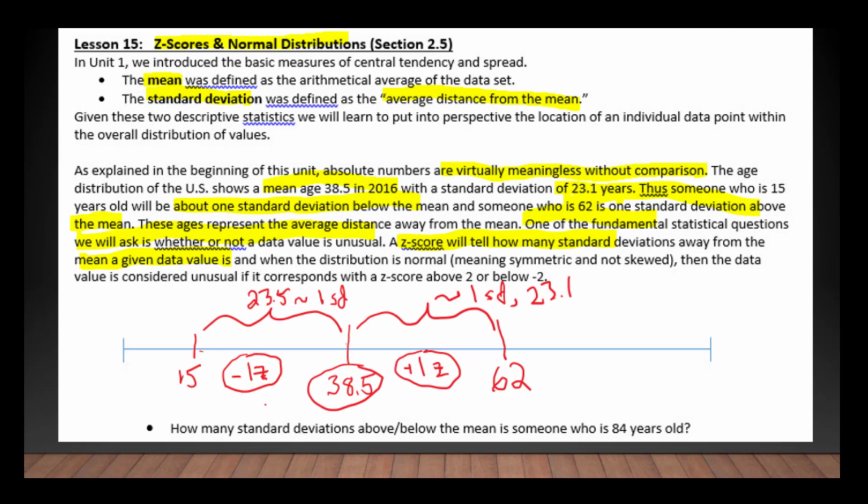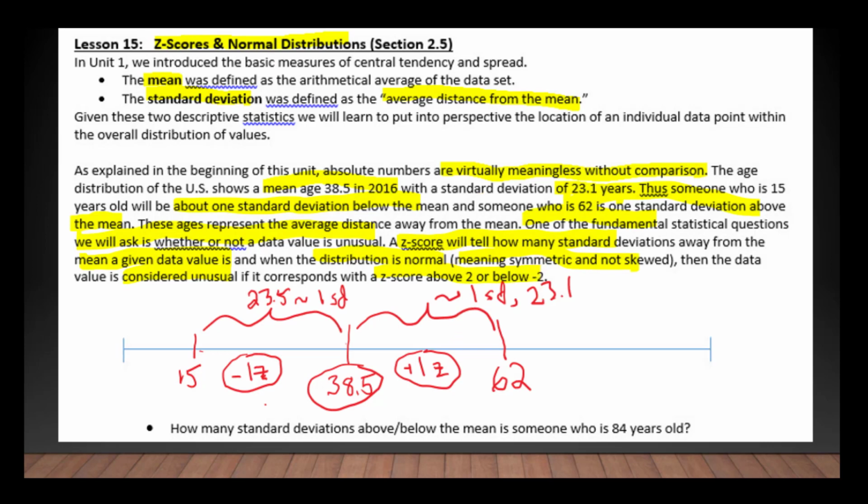And finally, it says when the distribution is normal, meaning it's symmetrical, not skewed, then the data value is considered unusual if it corresponds to z-scores above positive 2 or below negative 2.